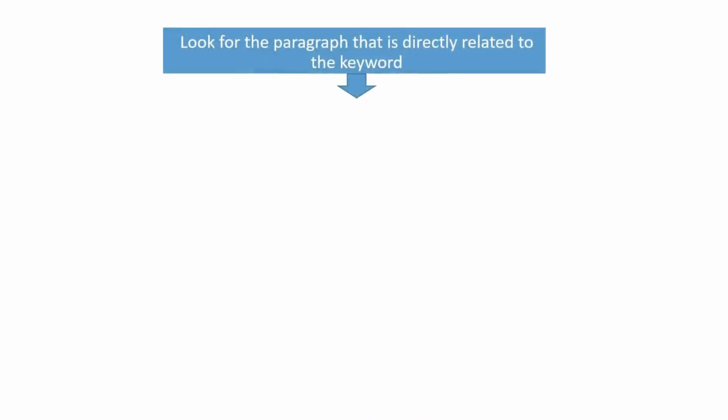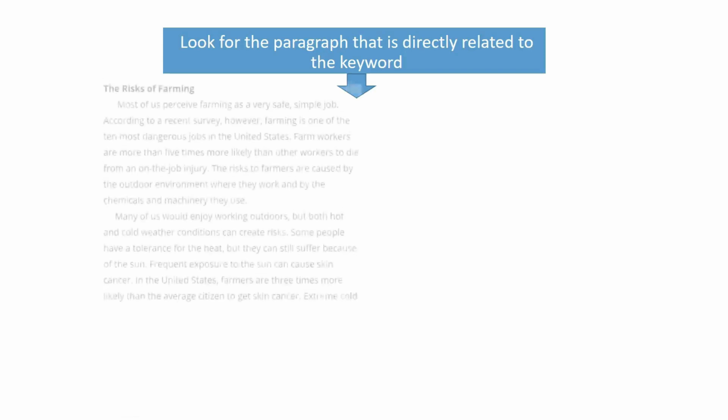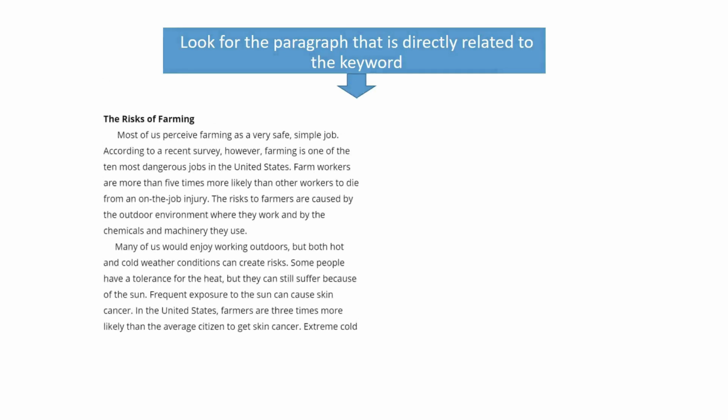We now have to look for these keywords in the correct paragraph. So we have to look for the paragraph that is directly related to these keywords or to the keyword. So we have to look for the paragraph that best suits this keyword. And if we look here, we have the paragraph 1 and paragraph 2.